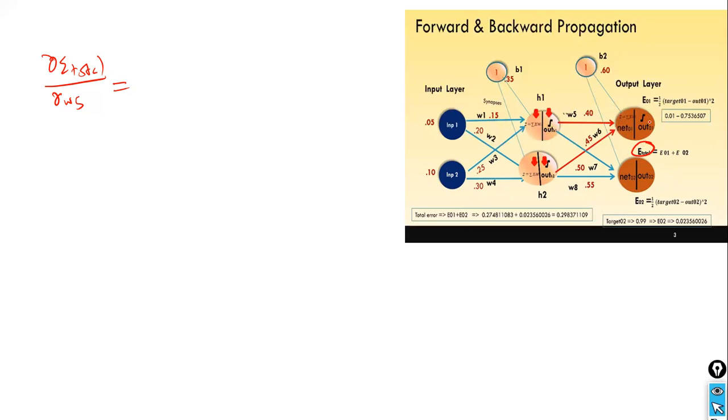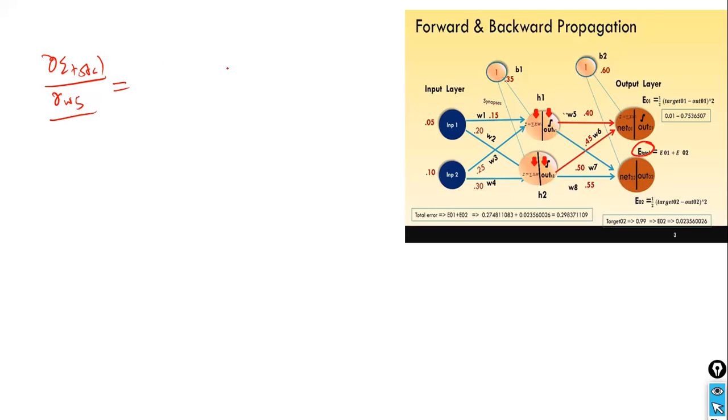This total depends on out O1, and out O1 depends on net O1, and net O1 depends on W5. This derivative is a composite derivative function, which can be written with different intermediary functions.